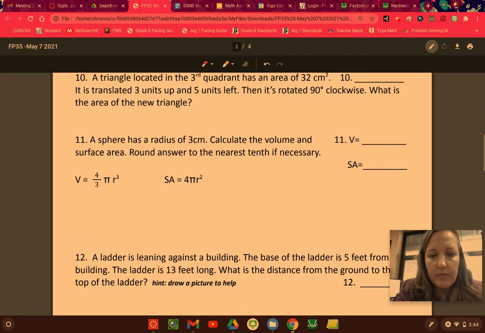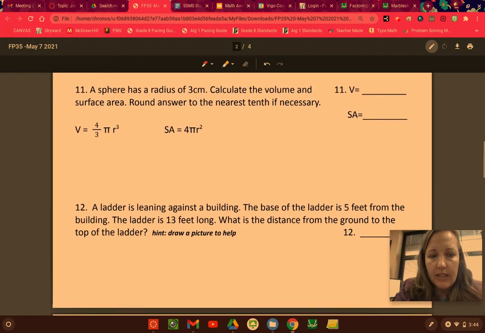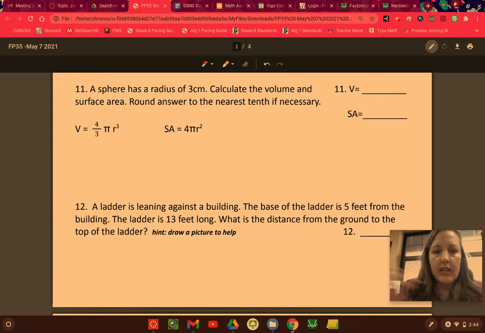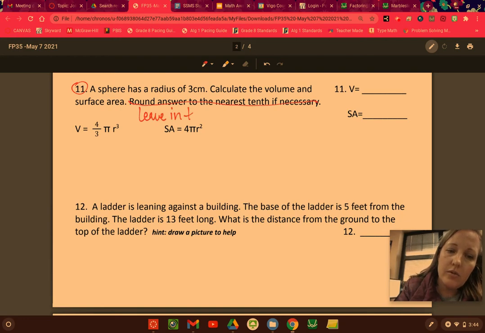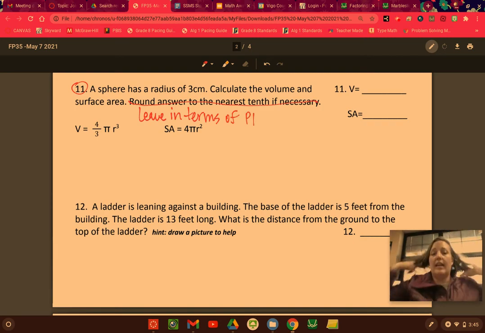Let's do one more. And let's go ahead and on number 11, rather than round your answer to the nearest tenth, I'd like for you to leave it in terms of pi. Okay, this will make your life easier, and it'll actually end up being more accurate.